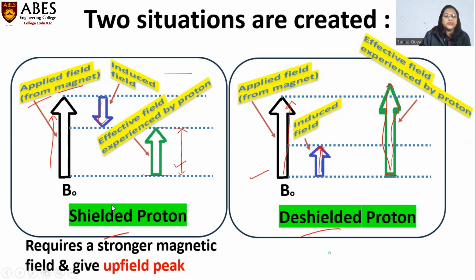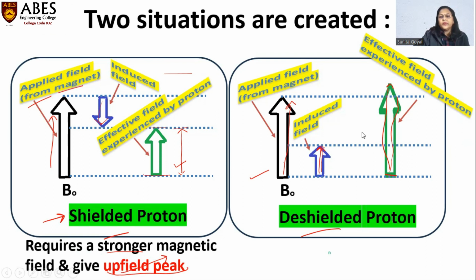This type of proton we call a shielded proton, and it requires a stronger magnetic field. Therefore, this type of signal will appear in the NMR spectrum at the up field or high field.